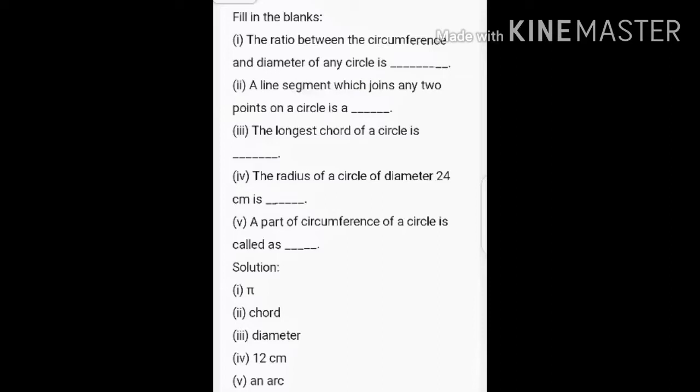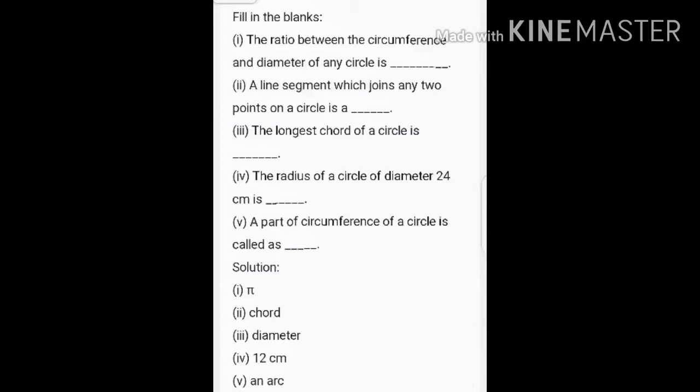Second question, a line segment which joins any 2 points on a circle is a chord. A chord is a line segment which will be inside the circle. Third question, the longest chord of a circle is diameter, and that diameter will also be inside the circle.